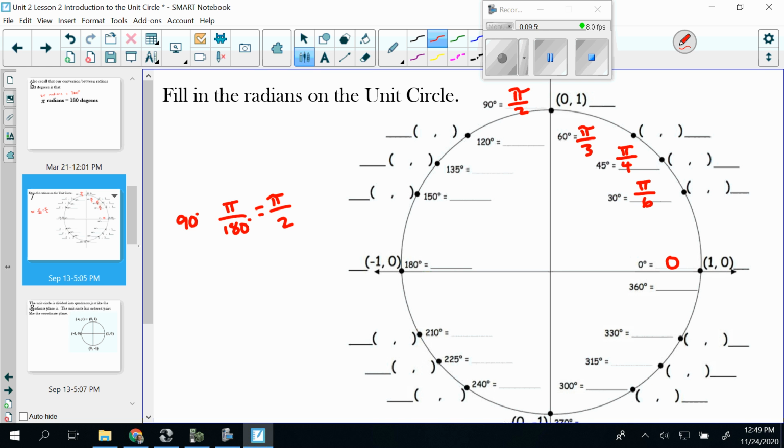Okay, and we can keep going here. So 120 now. Now the number 120 does not go into 180. But what we do know here is if we had these two numbers, 60 is a number that would go into both of these. 60 would go into here 2 times, 60 would go into here 3 times, and so this would be the same as 2 pi over 3.